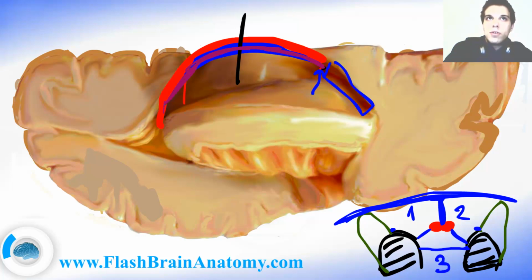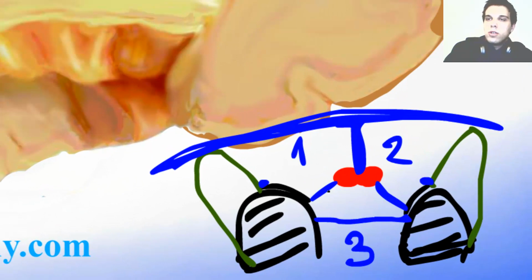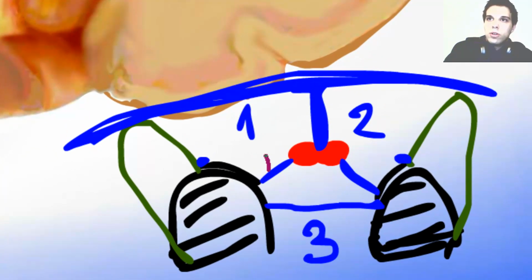It creates the cerebrospinal fluid that goes from the choroid plexus to the ventricular system. Actually, this is what produces the cerebrospinal fluid. That's why we have the cerebrospinal fluid inside of the lateral ventricles. And the choroid plexus here would look something like this, attached to the tela choroidea, and same on the other side.